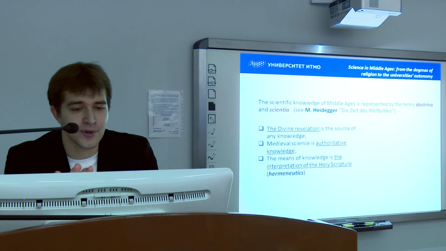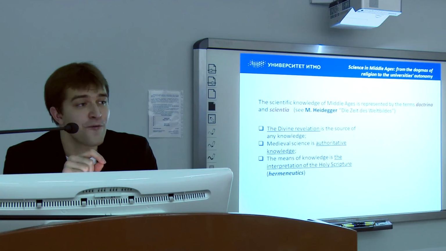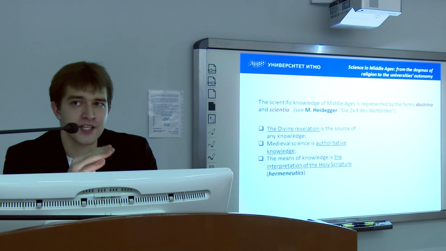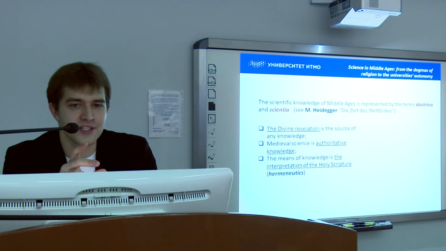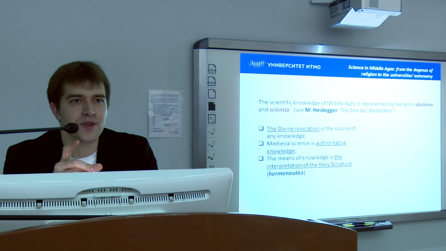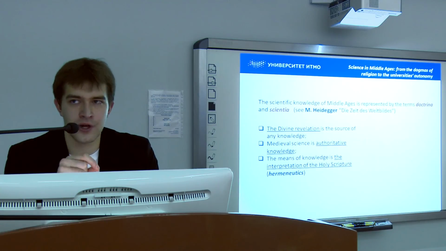I will say some words about him a bit later, but by this word I mean the interpretation precisely of the Holy Scripture, right? Only at the beginning of the 19th century and then the 20th century do we deal with this notion of hermeneutics as the interpretation of texts as such. But first of all, it concerned only the Holy Scripture.